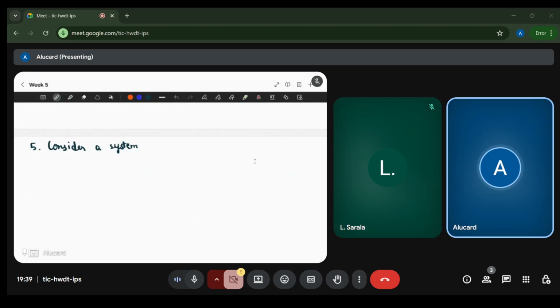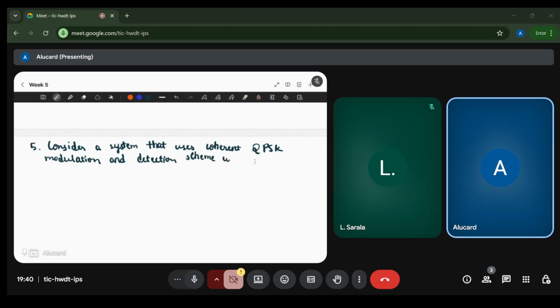Question 5. Consider a system that uses coherent QPSK modulation and detection scheme with 10 microsecond symbol period for communication.